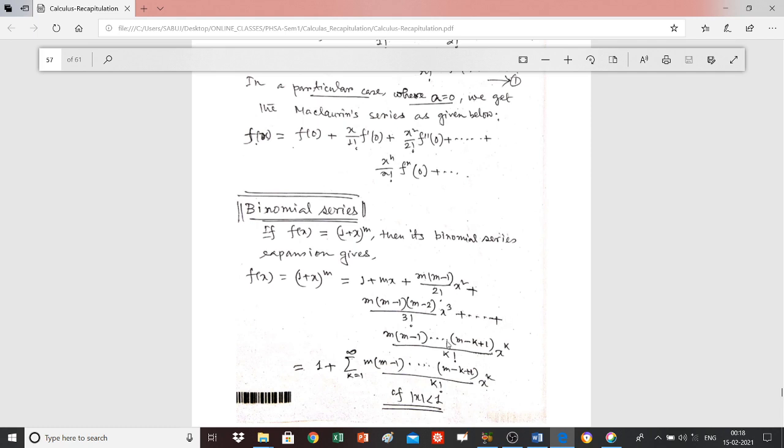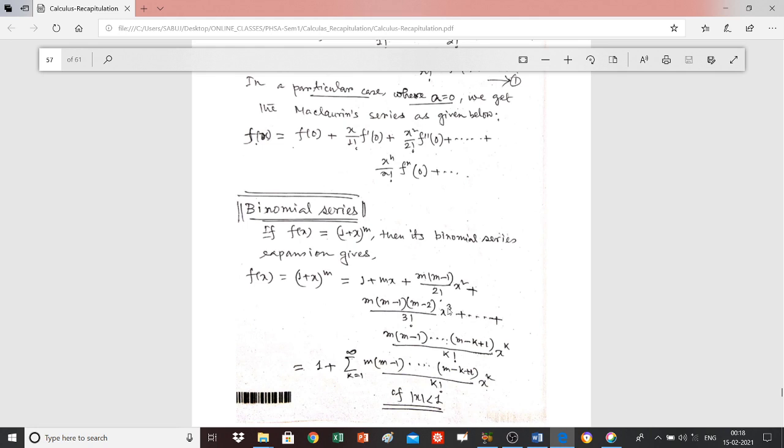In this way we can proceed, and then you can write this term for the kth term. So in this case it was the third term, which has the values m into (m minus 1) into (m minus 2), that is, m minus 3 plus 1.